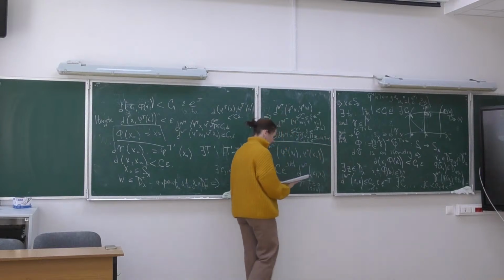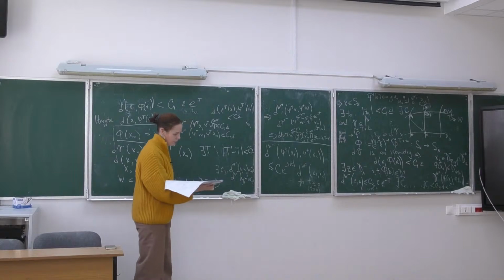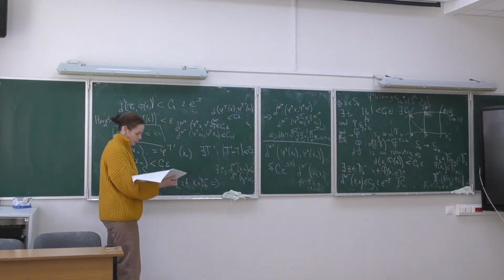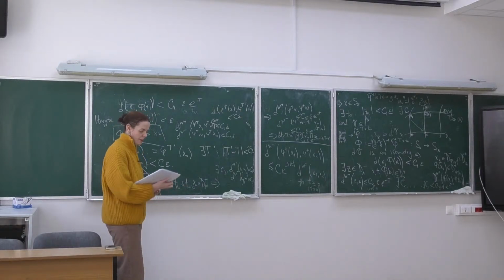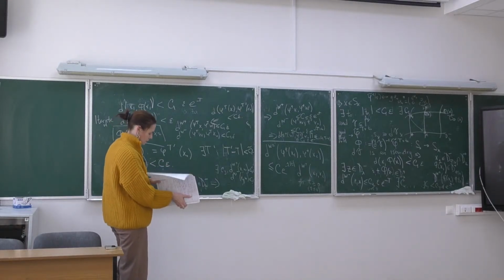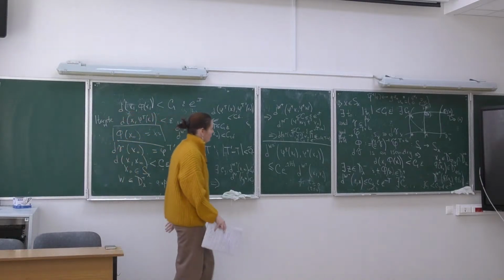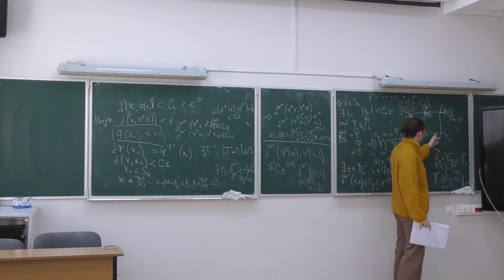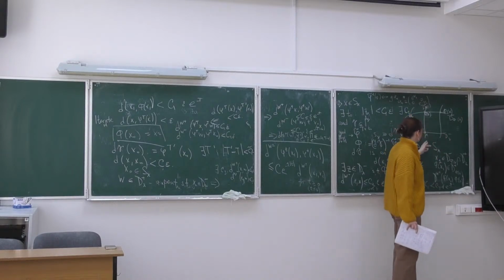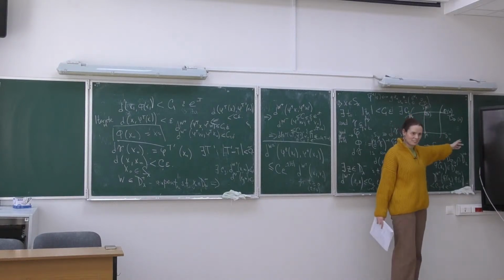Значит, смотрите, нам надо доказать два утверждения. Первое утверждение, которое мы хотим, это про существование этой неподвижной точки. Значит, мы начинаем свое рассуждение следующим образом. Мы рассматриваем точку x и проводим через нее вот эти, у нас есть d плюс и d минус.